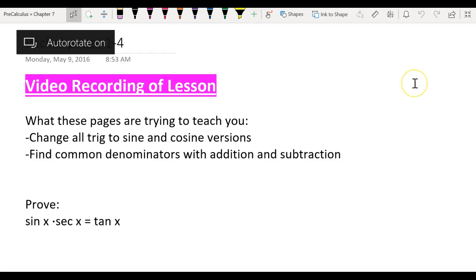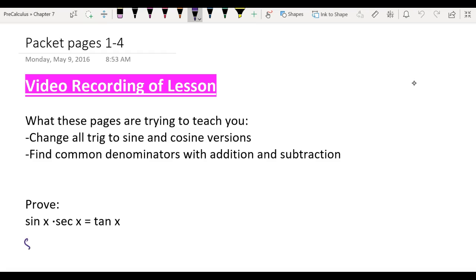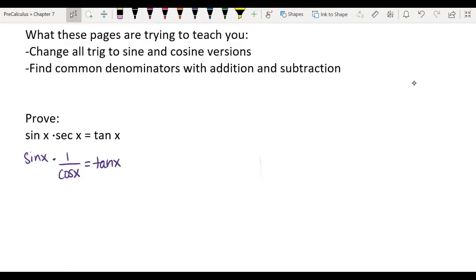The first thing that you want to do is change anything that is not in sine and cosine versions to sine and cosine versions. So sine of x, we're good there, right? What does secant of x equal? 1 over cosine. So what you would have here is sine of x times 1 over cosine of x equals, and just a reminder, you're leaving that right-hand side alone.